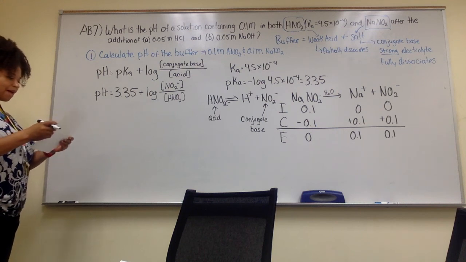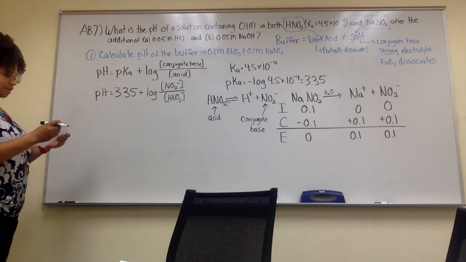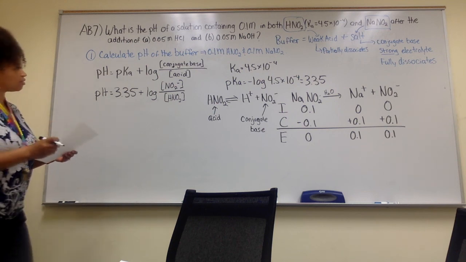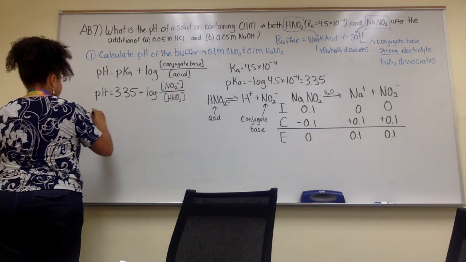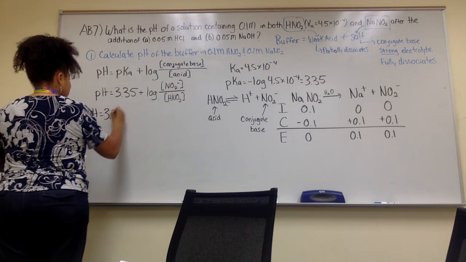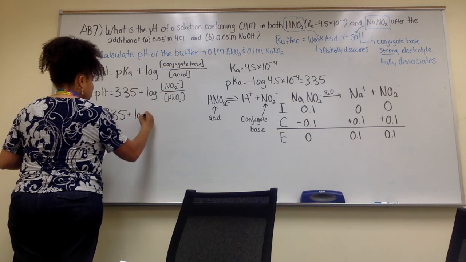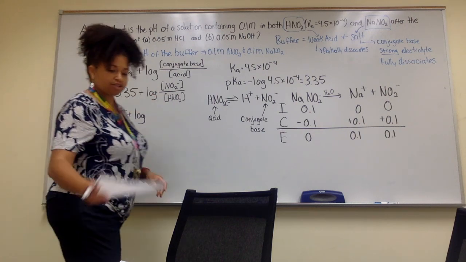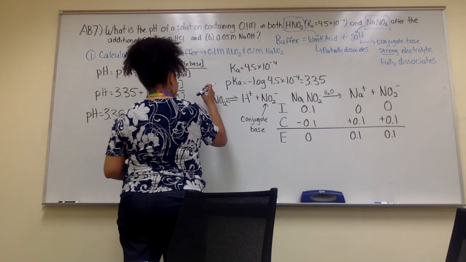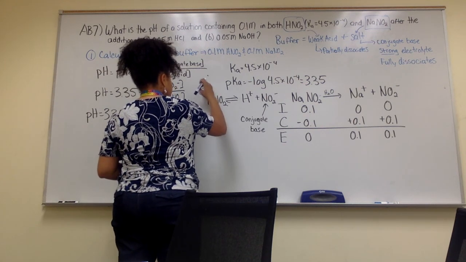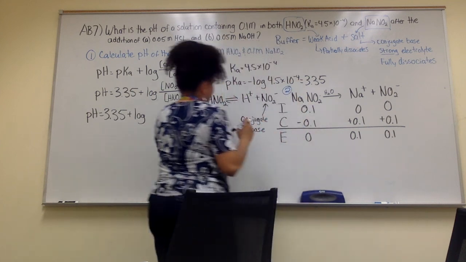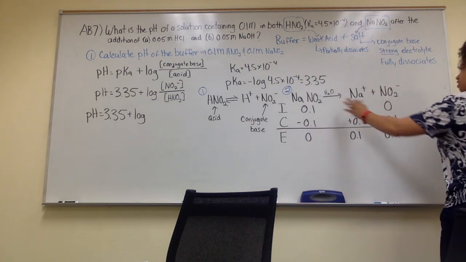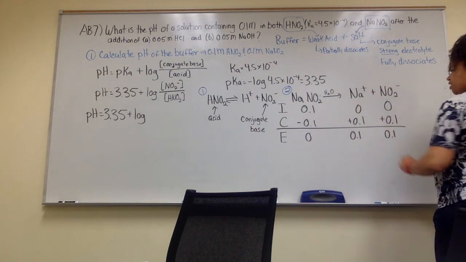So what we have thus far is all of the information that we need, actually, because we know that, rewriting this, 3.35 plus the log. We have the concentration of conjugate base because, like I said, there are two reactions taking place, two dissociation reactions. There's this one and this one. This one dissociates to form conjugate base, and this one forms conjugate base because of the dissociation of the salt.